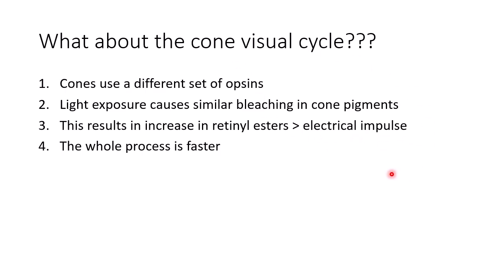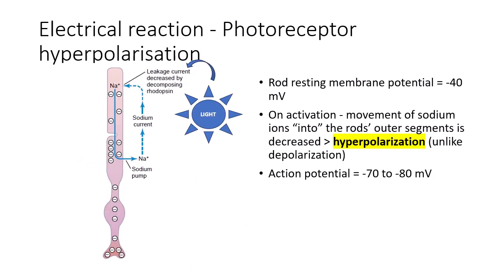So the process is similar. The opsins are structurally different. The retinal esters are formed, which generate the electrical impulse, and the whole process of cone visual pigment activation, that is bleaching, and their deactivation, reactivation, the whole process is just faster than the rod visual cycle.